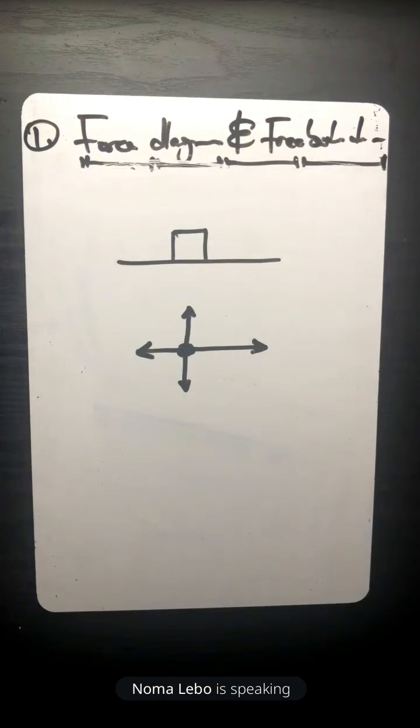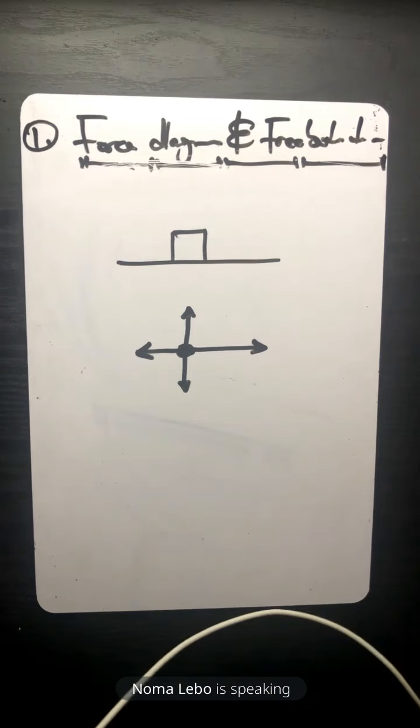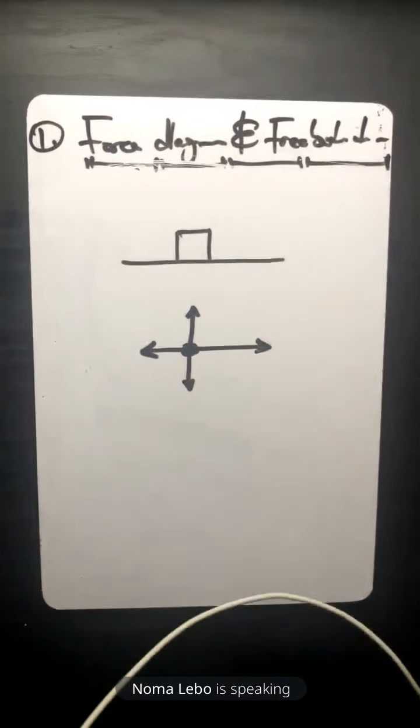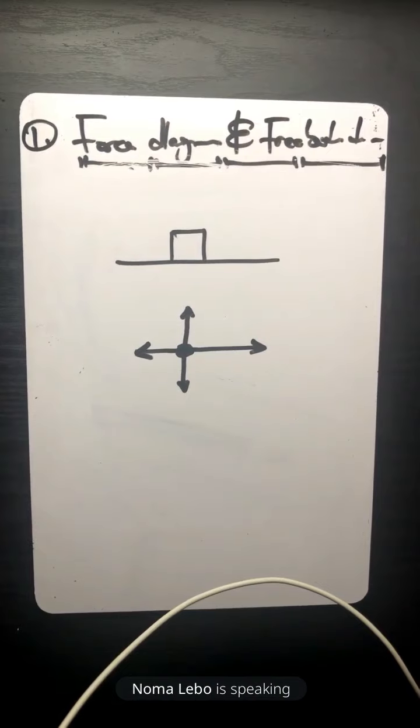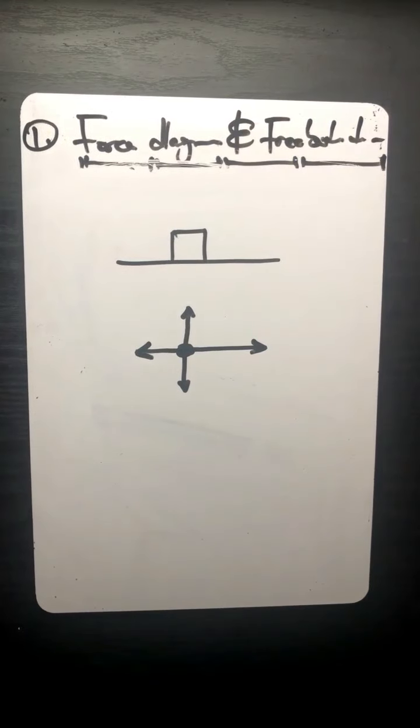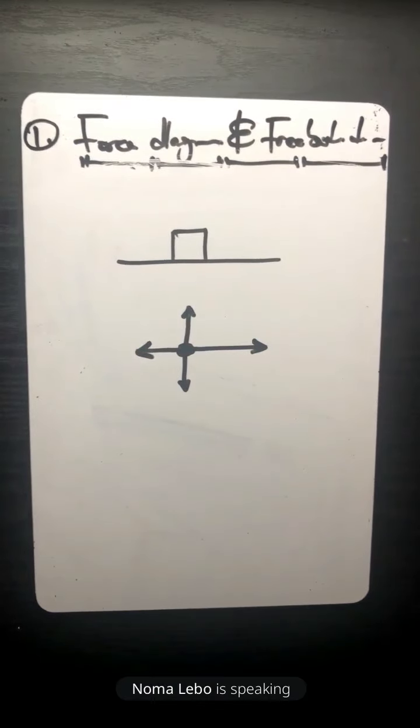We are given the object and the surface. So the arrow that is pointing upward is the normal force, and pointing down is FG. We are not told which direction the object is moving.